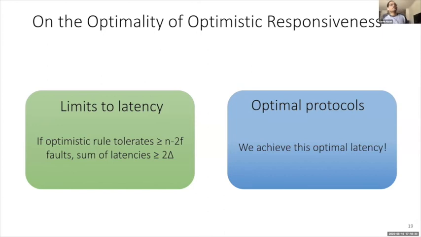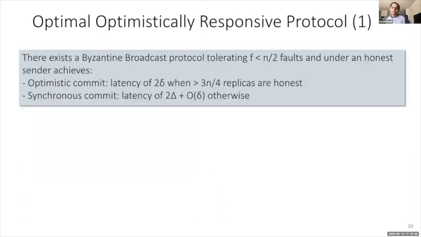And now I'm going to present a result which actually achieves this optimal latency. Specifically, we show a Byzantine Broadcast protocol that tolerates a minority corruption, and under an honest sender, it shows the following. So in terms of the optimistic commit, we are responsive, and we are responsive assuming more than 75% of the replicas are honest.